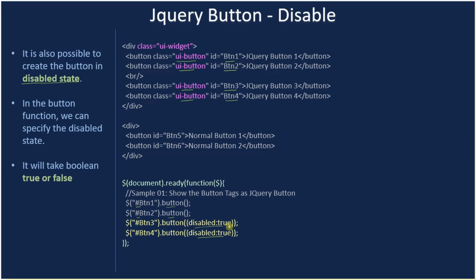So now you see the advantage of the jQuery UI API. Here we are stating these two buttons as disabled. When you set this disabled state to false, at runtime you can enable it.